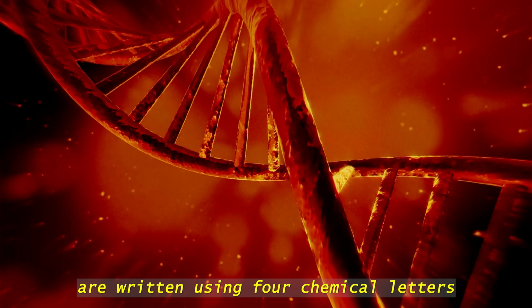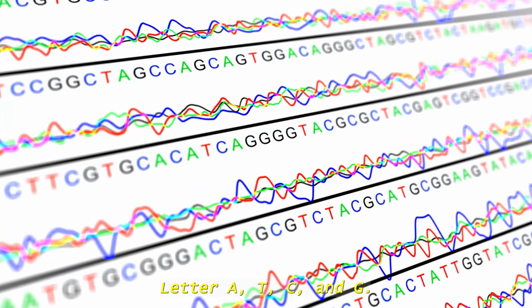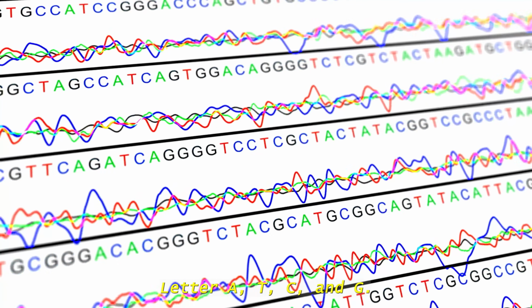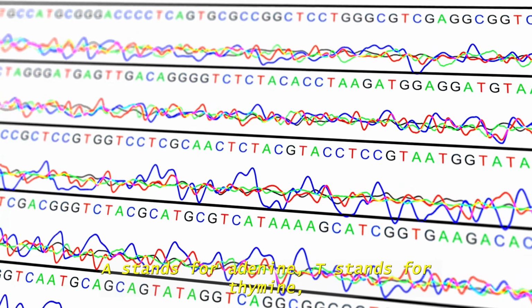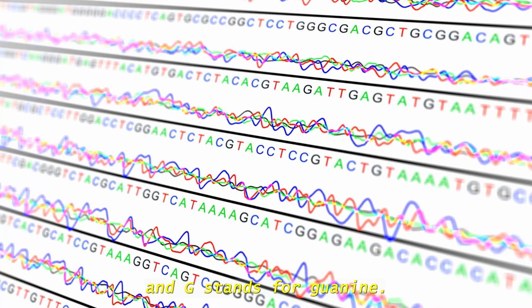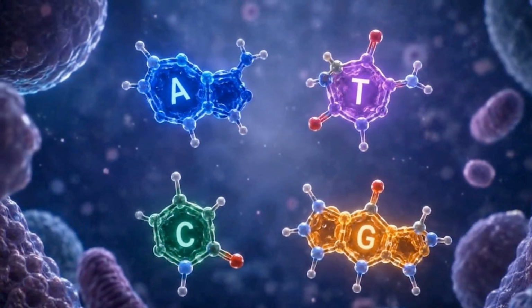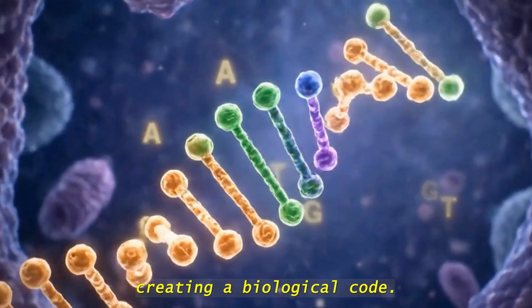These instructions are written using 4 chemical letters: A, T, C, and G. A stands for adenine, T stands for thymine, C stands for cytosine, and G stands for guanine. All these 4 letters repeat in different orders, creating a biological code.